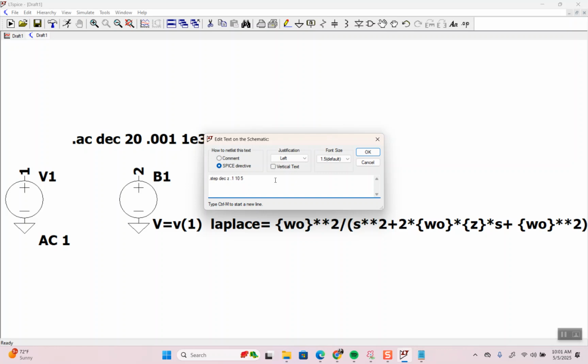So step that variable from 0.1 to 10 in terms of decades, 5 steps per decade. Omega naught equals... Actually, I don't want it to be omega naught. I really want it 2 times pi. So it's really, yeah. Okay.